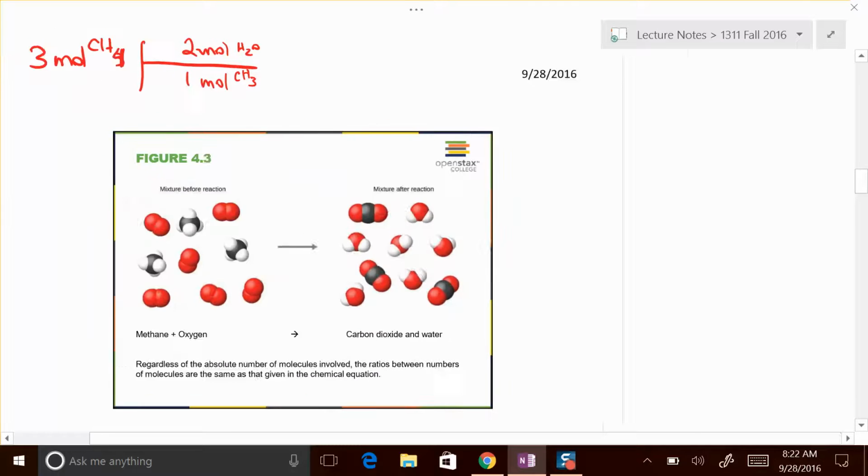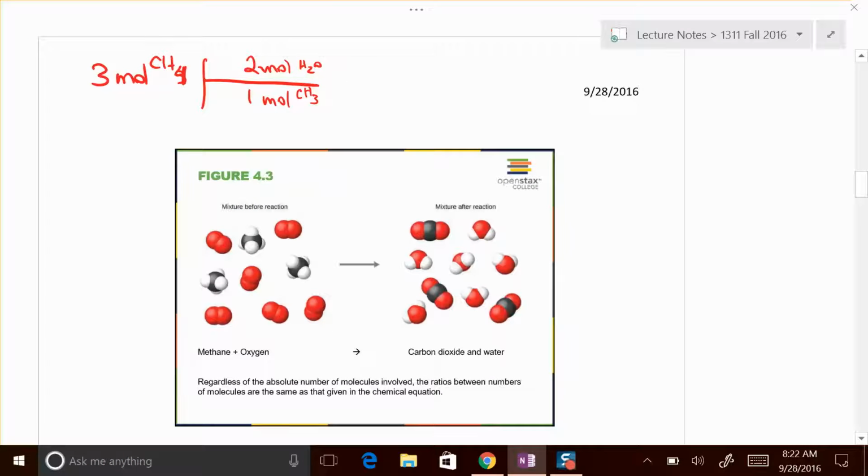Based on that, I should make 6 moles of H2O. And that's what this is depicting, right? If I have 3 moles of methane, I should make 1, 2, 3, 4, 5, 6 moles of H2O.